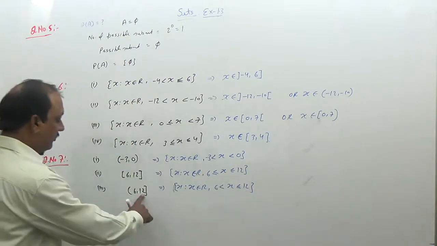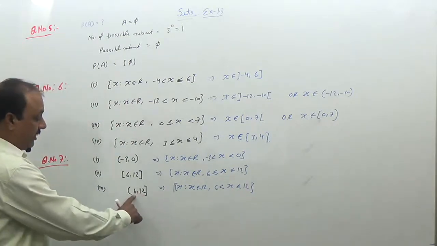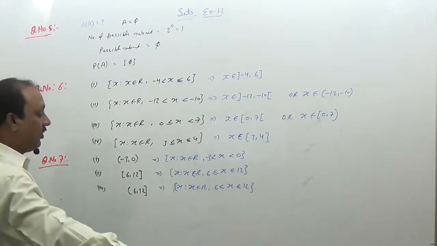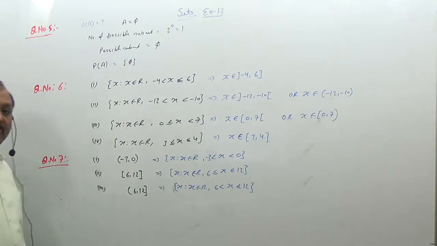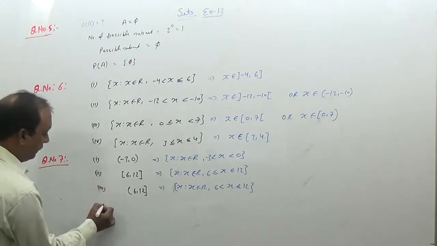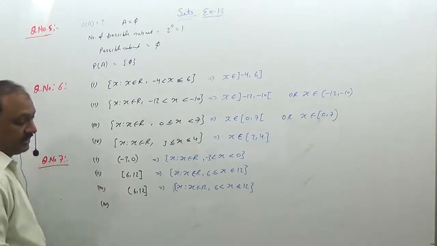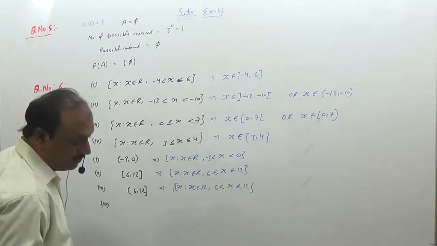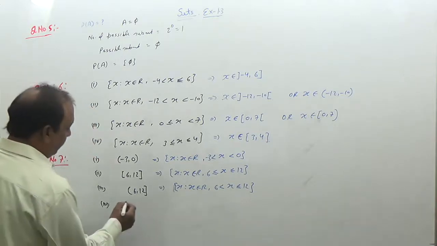This one is closed, so 12 is included, and this one is open, so 6 is excluded. So all real numbers less than or equal to 12 and more than 6. And the fourth part is this one, the close-open interval, -23 to 5.